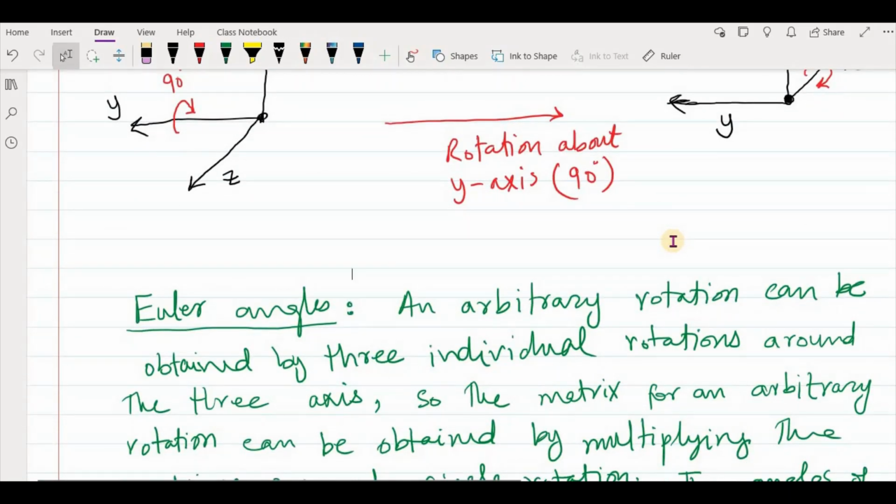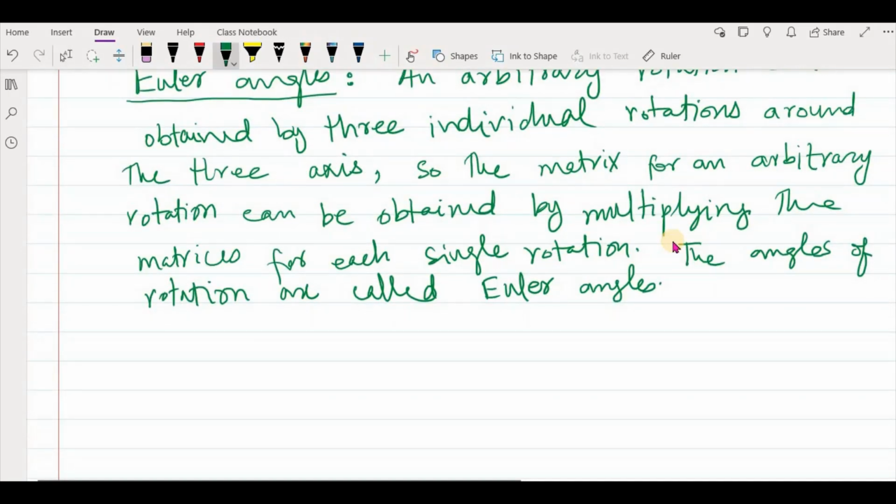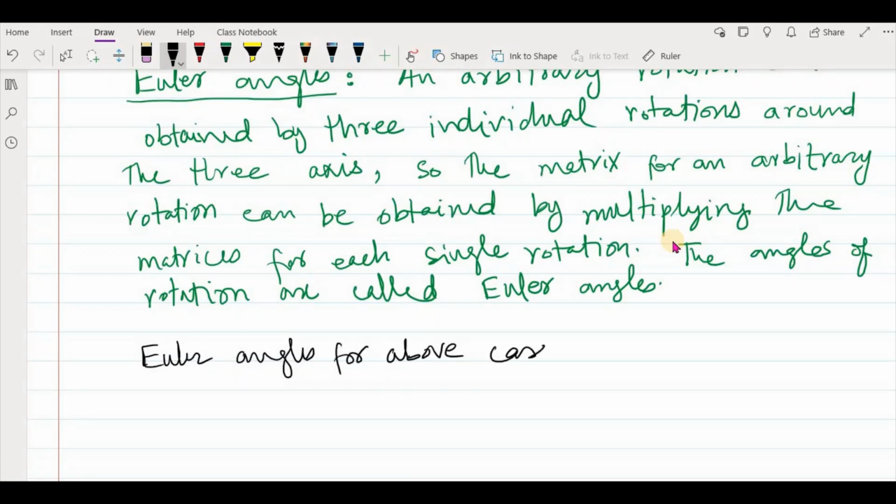So in this case, how many angles do we have here? How many axes do we have? We had rotation about the z-axis, then rotation about the y-axis, and then finally the x-axis. And the rotations were 90 degrees, 90 degrees, and 90 degrees.